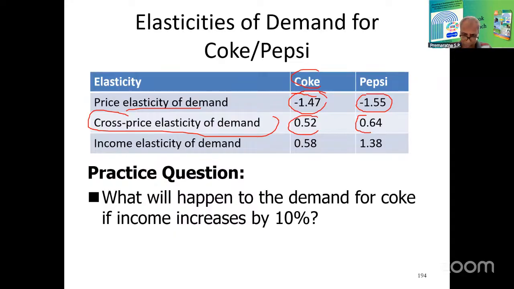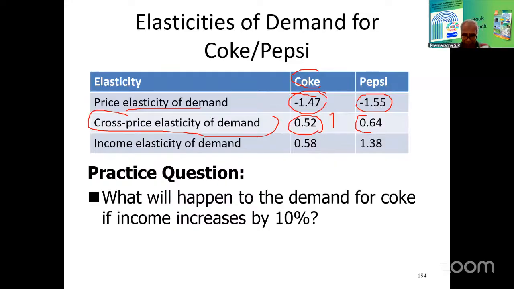Of course, Pepsi and Coca-Cola are substitutes. And the cross price elasticity means if the price of the other good changes, what happens to your good? So that understanding is also very important. As a supplier, you have to weigh what happens to the other product.